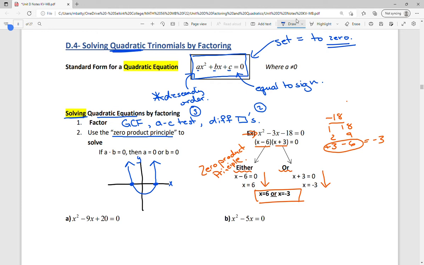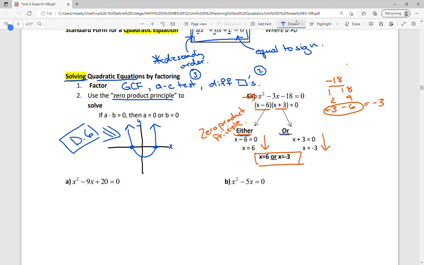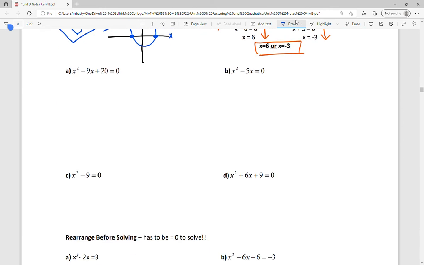And so, again, getting ahead of ourselves, it's not until D6 that we actually graph these things. But that's why we're getting options. So this either-or bit of the zero product principle is kind of weird because now you have two correct answers for these quadratic equations.